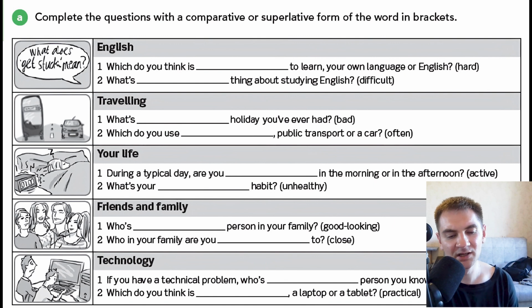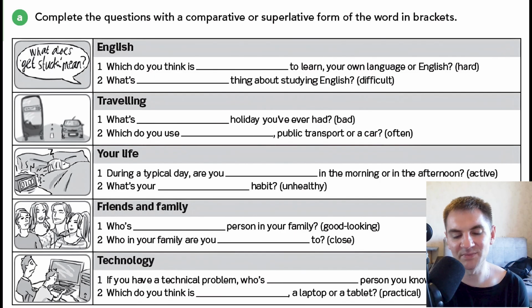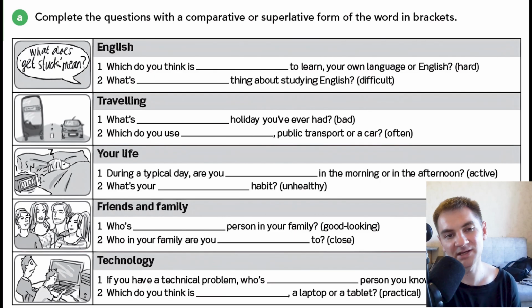But if you do some projects or if you work in IT, a laptop, I think in this situation would be a better choice. Wow, so I can't decide which option is better or more practical. I think they both are okay, but it depends on the situation.